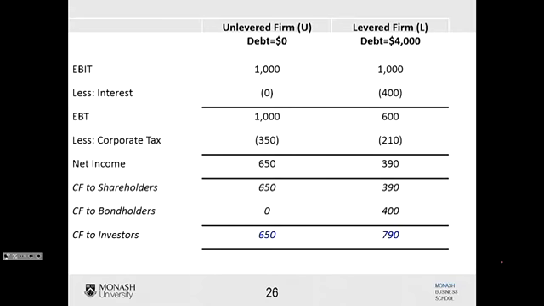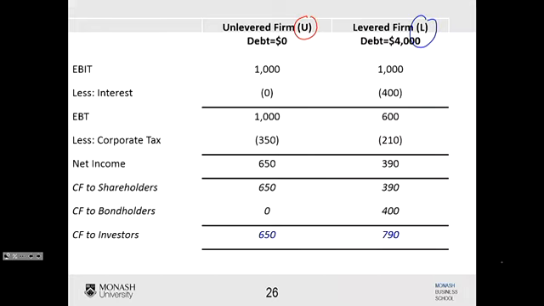How do we get that? Well, I can show you a very simple example here. There is an unlevered firm, which is U. There is a levered firm, which is L. Both EBIT are 1,000. The unlevered firm has no leverage, therefore the interest is 0.